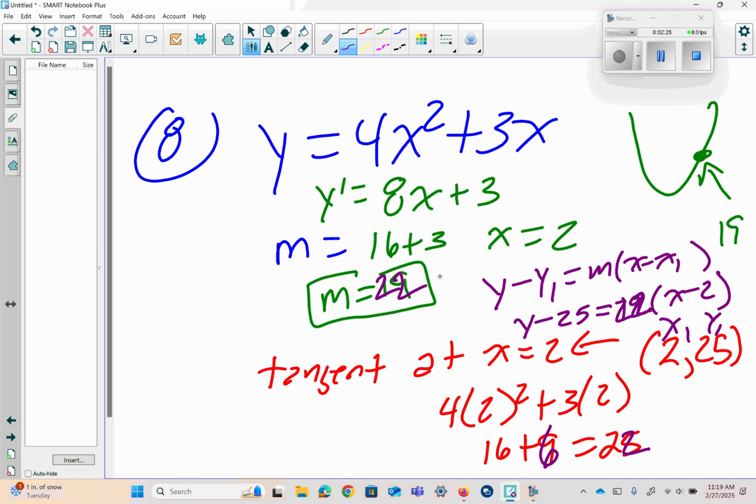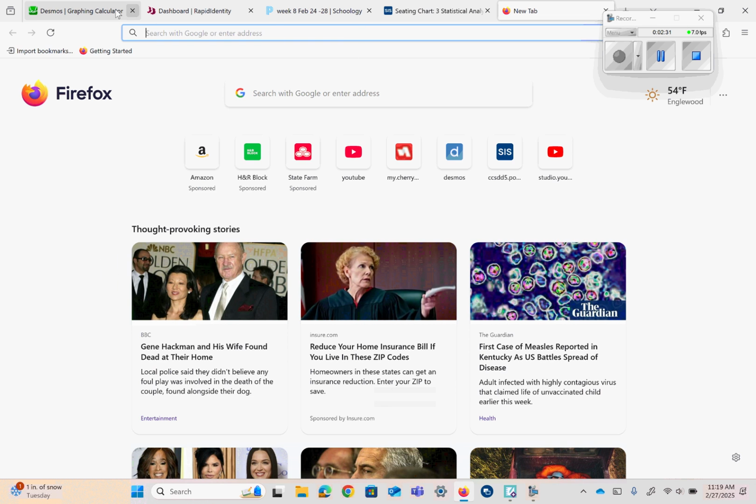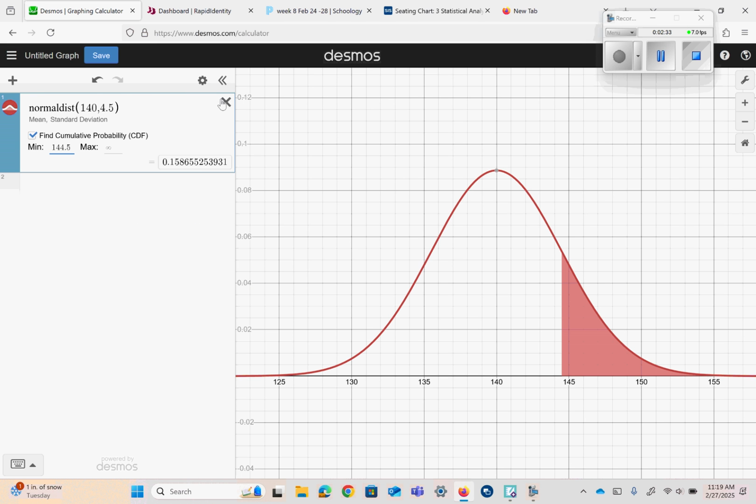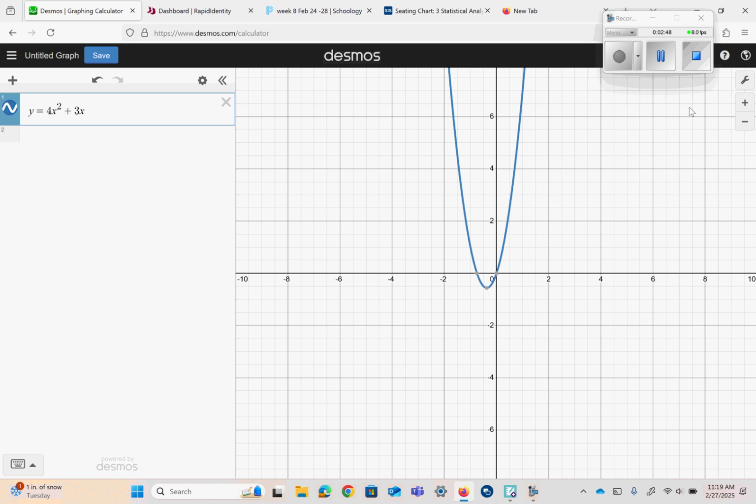All right. So basically what this means is, let's go to Desmos. If I were to graph y equals 4x squared plus 3x, and if I go to my home screen, there's my parabola.